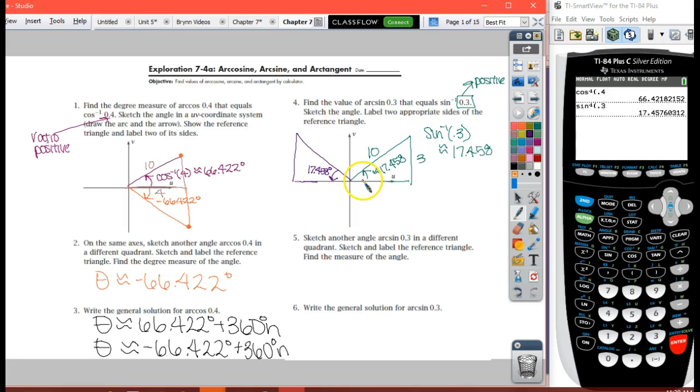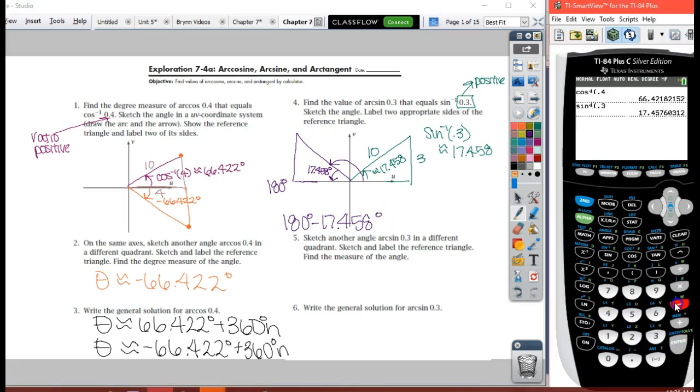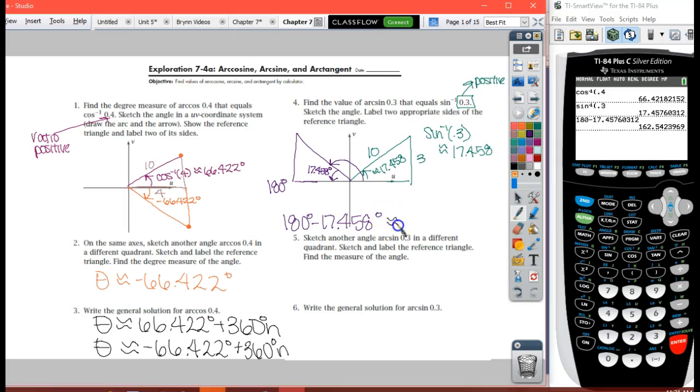And so to find this entire angle, I'm going to take 180 minus 17.458. And even though I rounded on my paper, use the entire answer in your calculator. And so my other angle will be approximately equal to 162.542 degrees.